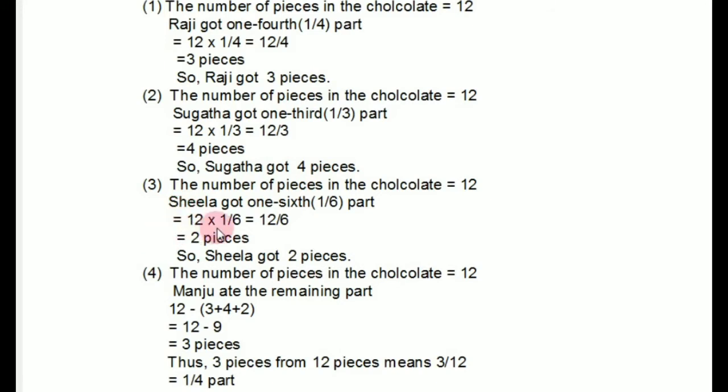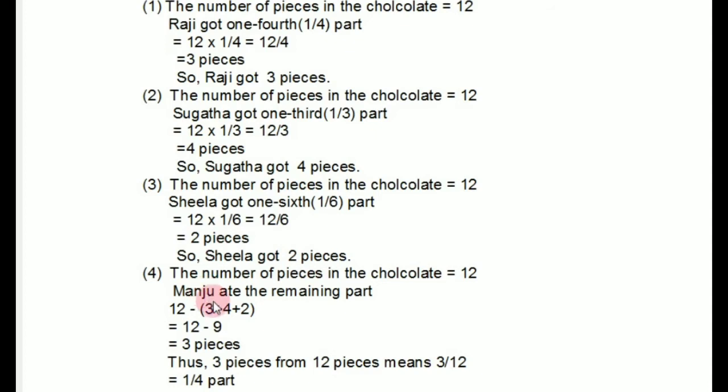And now here is the calculation of Sheila's number of pieces of chocolate. The number of pieces in the chocolate is equal to 12. Sheila got 1/6 part. So here we have to divide this 12 by 6. If we multiply by 1, we will get the same 12. So 12 into 1 by 6 is equal to 12 by 6 is equal to 2 pieces because 6 2s are 12. So Sheila got 2 pieces.